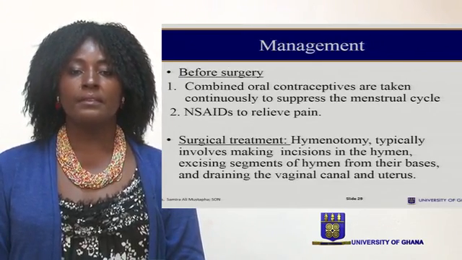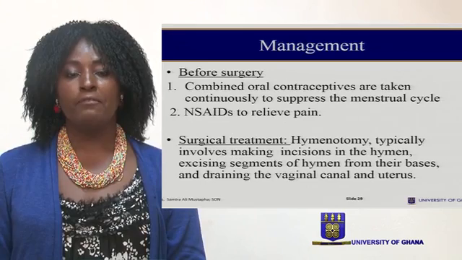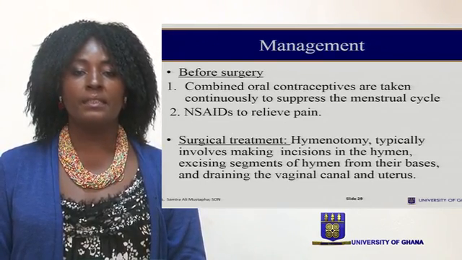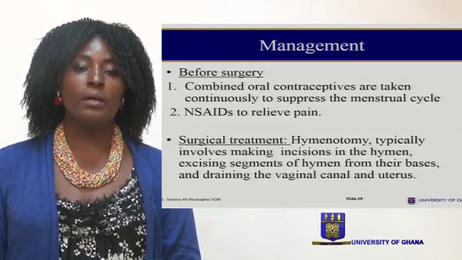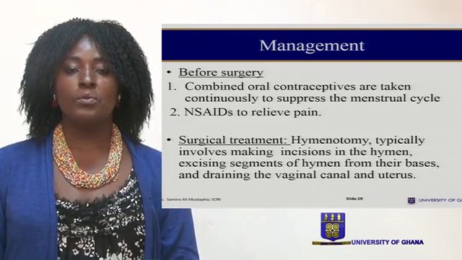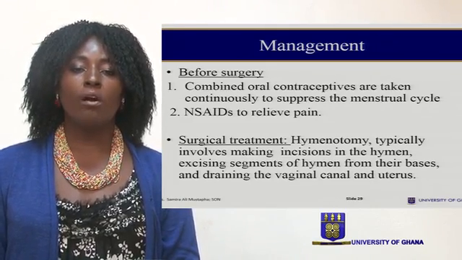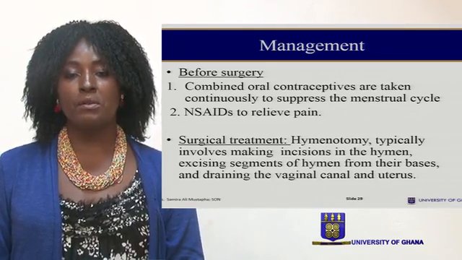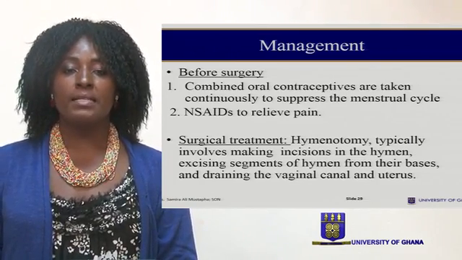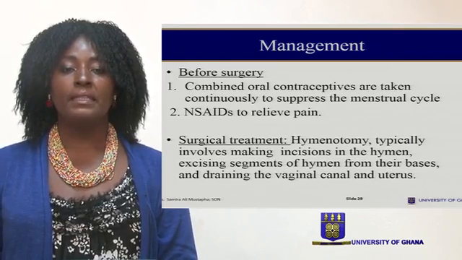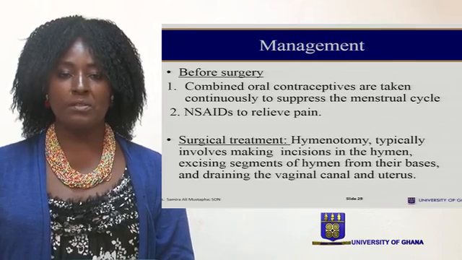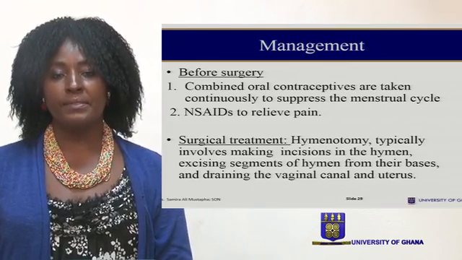So surgery is performed, and before surgery, there is a need to control or suppress the menstrual cycle. So combined oral contraceptive with estrogen and progesterone is given to suppress the menstrual cycle, and then we give NSAIDs because of the back pain, and all the discomforts associated are also relieved.